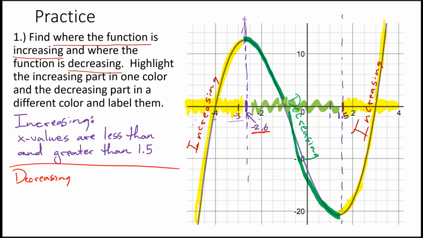We said that was -2.6. So we are decreasing when we are between -2.6 and 1.5. For that graph, we are increasing when we are smaller than -2.6 and greater than 1.5, and we are decreasing when we're between -2.6 and 1.5. That is how we figure out our increasing and decreasing for that particular function.